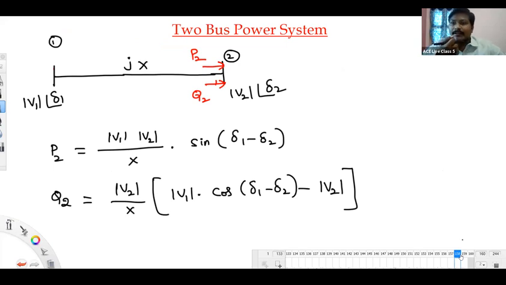P2 is negative means bus 2 is absorbing negative real power. Is it absorbing real power or delivering real power? Delivering real power. So bus 2 delivering real power means it is flowing to bus 1. Real power will be flowing from bus 2 to bus 1.